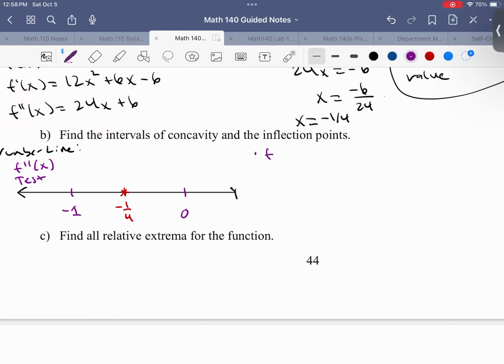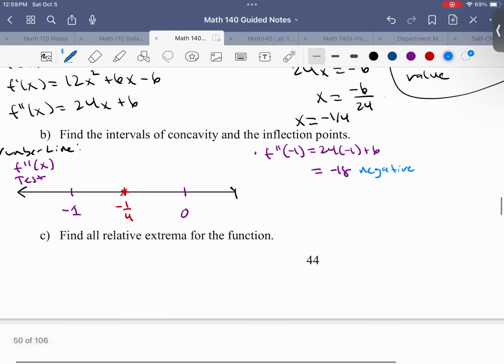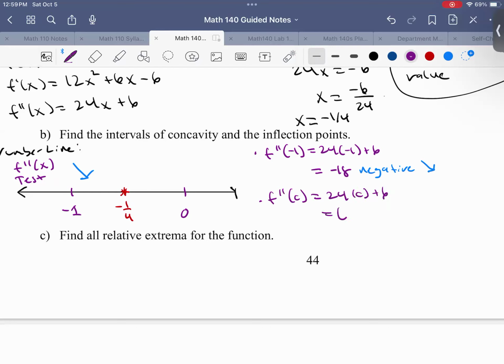So this would be f double prime of -1 equals 24 times -1 plus 6, which is just -18, which is negative, which means it's going down. Okay, so right here, down. And then secondly, plugging 0 into that second derivative, 24 times 0 plus 6, which is just 6, which is positive. So it's going up.